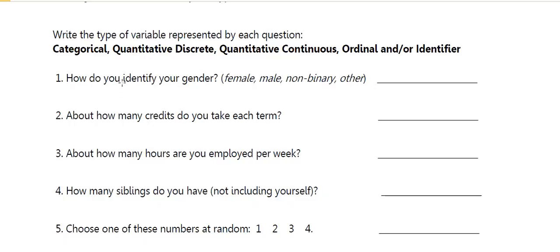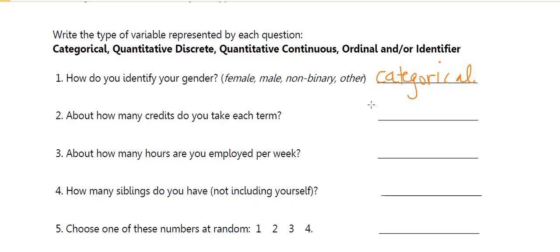And also say, how do you identify your gender? Because that may be different than someone's gender assigned at birth. So the way I asked it, and the way it's usually asked, this is categorical. Another good way to ask it is just leave a blank. Let the person fill in how they identify. Still categorical.